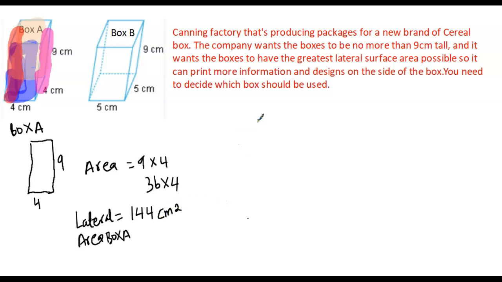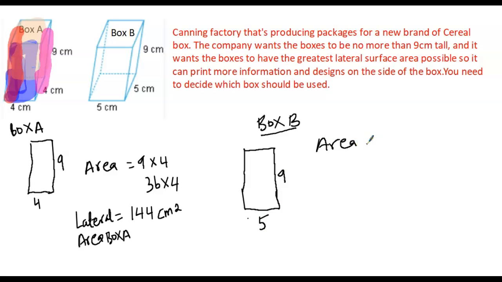All right, when we come to the box B, one of the rectangular areas is 5 and 9. So therefore the area, which is 2 dimensional, is going to be 9 times 5.